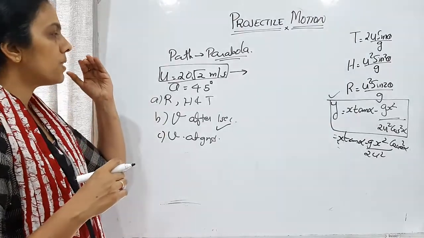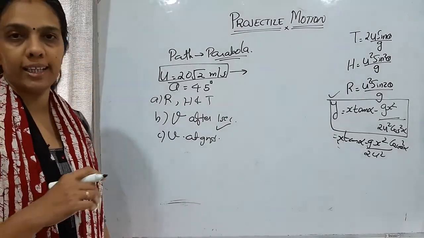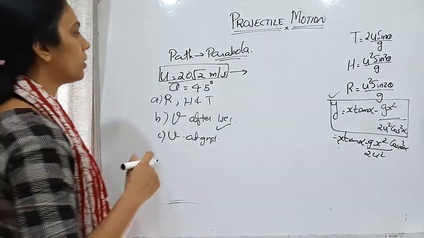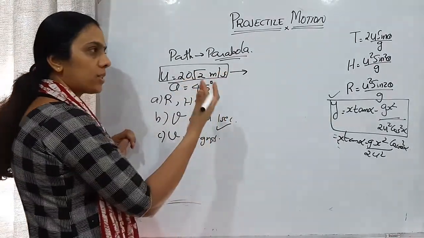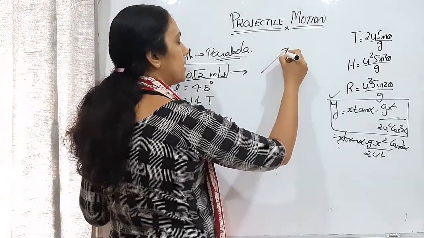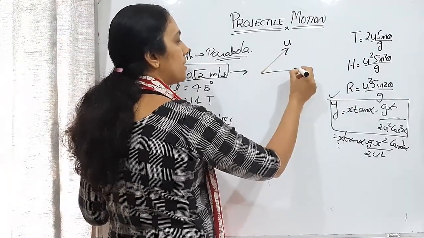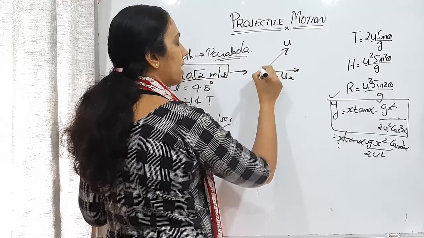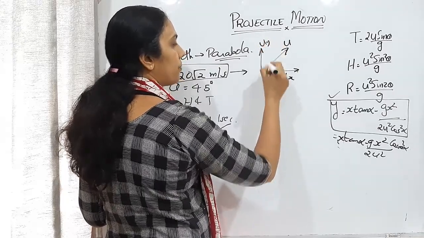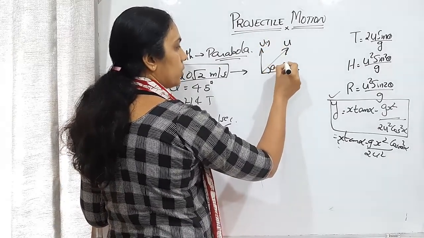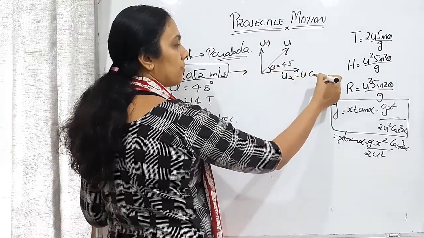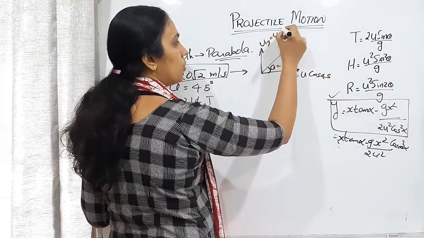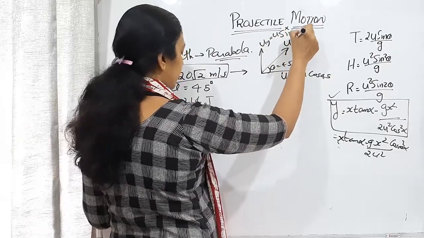Since the object is projected at an angle, we can consider this in x and y components. This is u. We can consider this as ux and this as uy. It makes an angle theta equals 45 degree, so ux will be u cos 45 and uy is u sin 45.